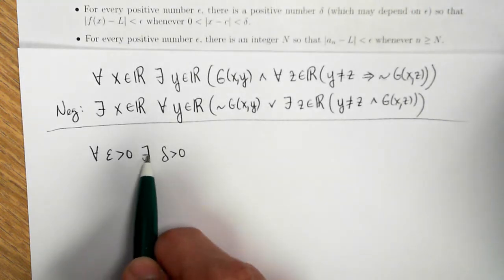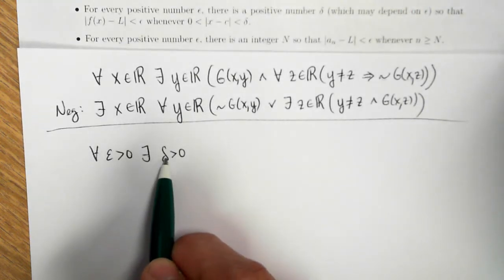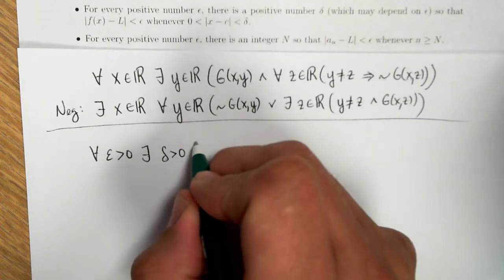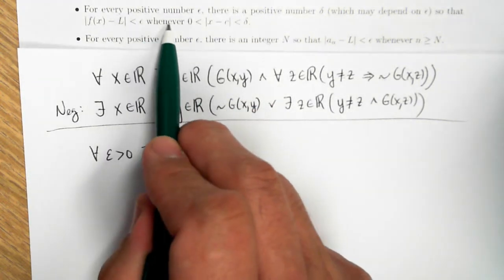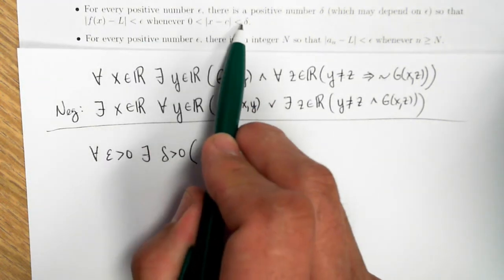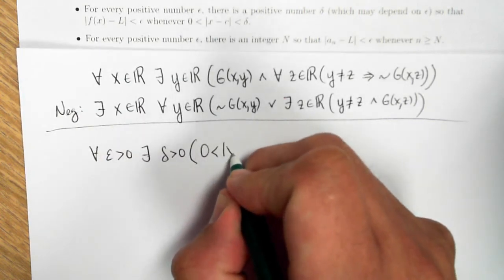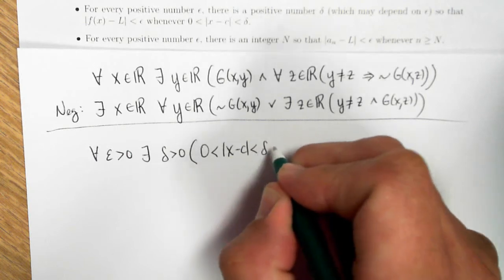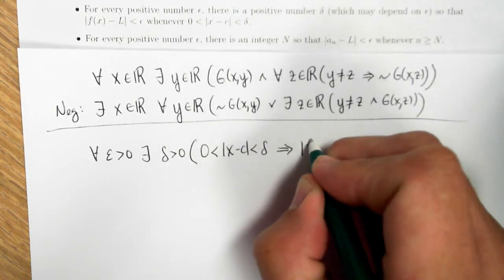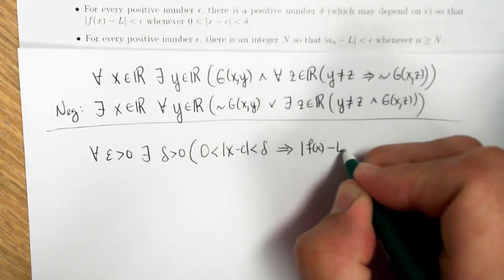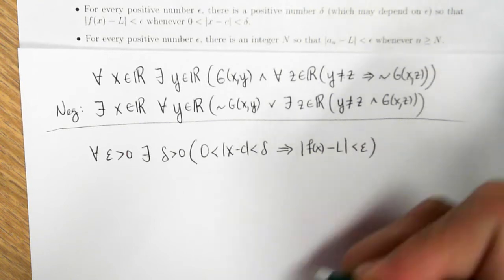And when I put a there exists inside of here, the delta could depend on the epsilon, such that this happens whenever this happens. So if this happens, then this happens. So 0 less than the absolute value of x minus c less than delta implies that the absolute value of f of x minus L is less than epsilon.